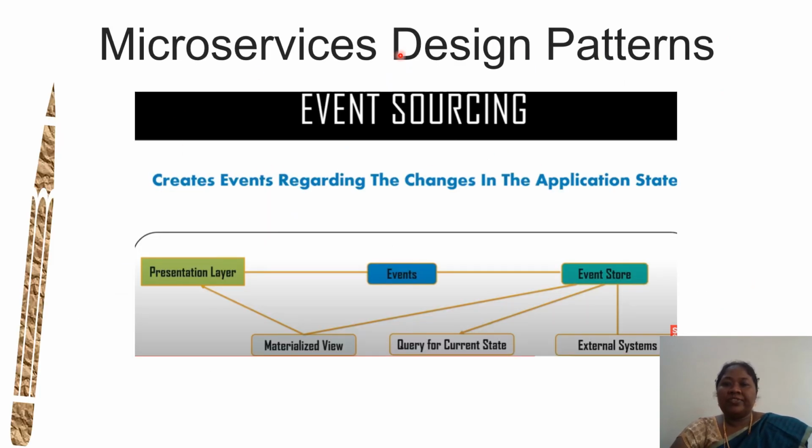The next type of design pattern that you can incorporate in your software is event sourcing. It creates events regarding the changes in the application state that will be recorded. For example, when an object is clicked, a particular event will be generated, and this event will execute, and then it will be presented back to the customer.